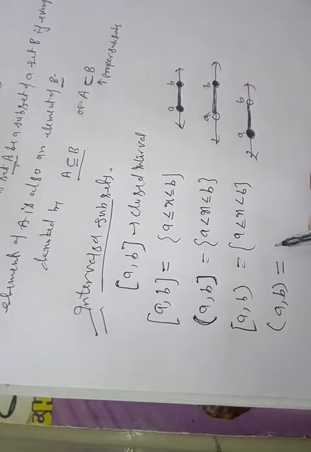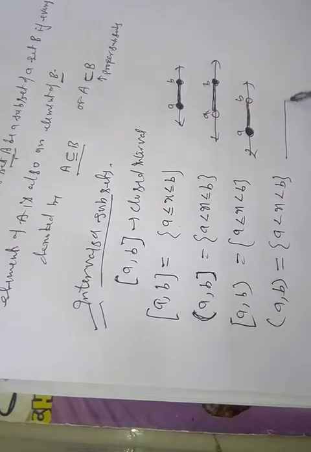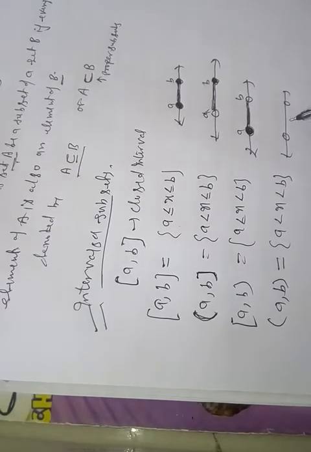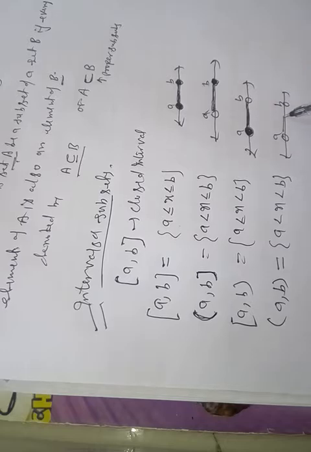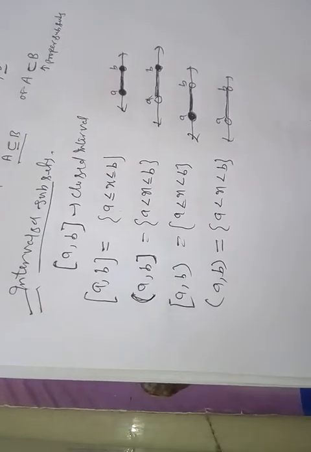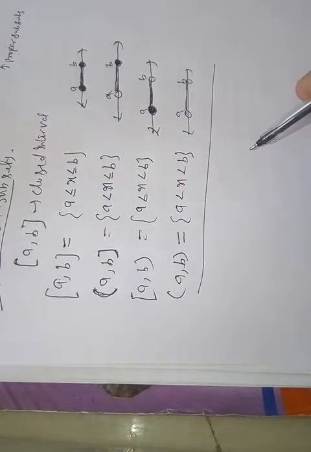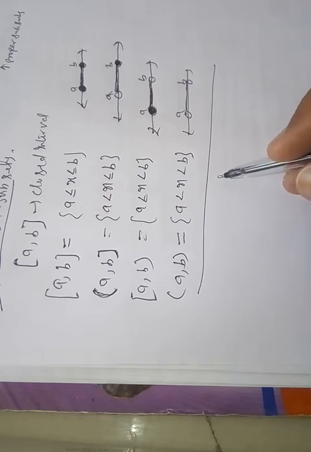This is an open interval: a is less than x is less than b. In this type of graph, A and B are not dark, only the middle, no touching A or B. Clear? This is the interval with graph and set builder form.